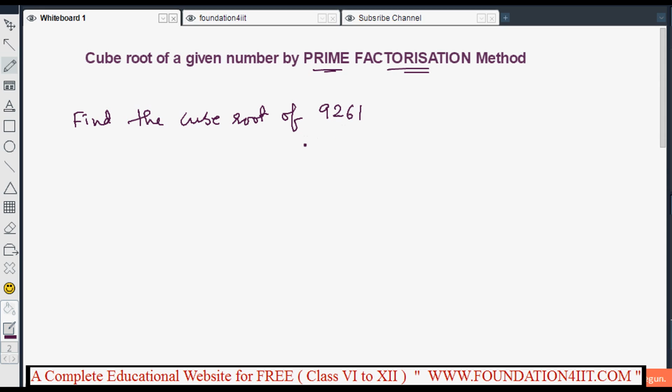Anyway, we'll use the prime factorization method for both. Now find the cube root of 9261. So we need to take 9261 and resolve this number into prime factors, a product of prime numbers. Make the groups in triplets next.